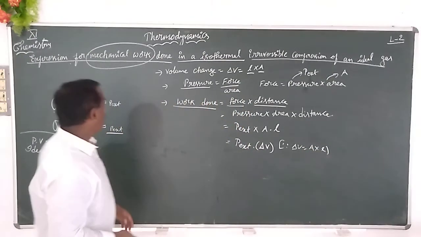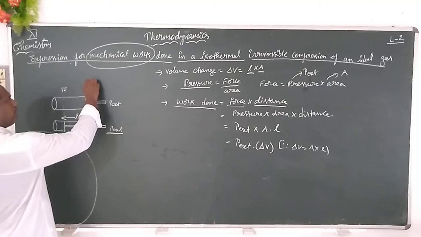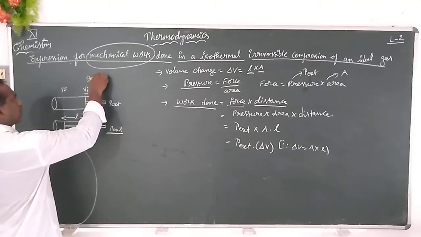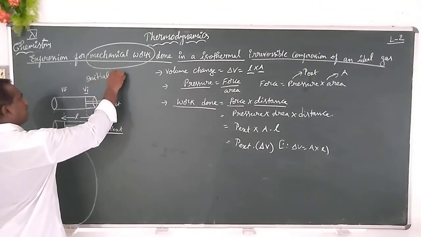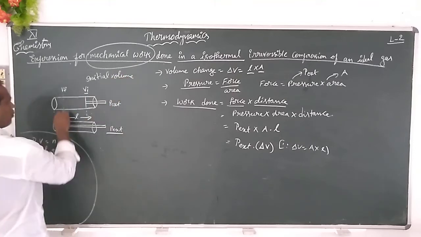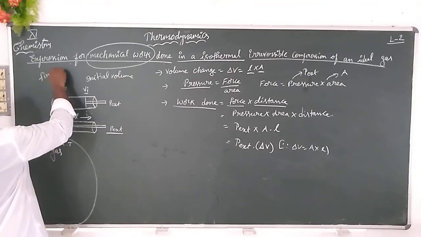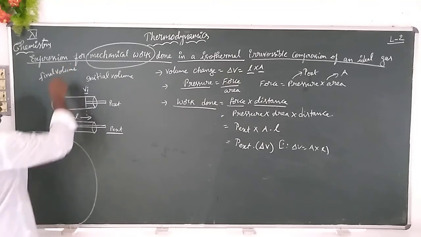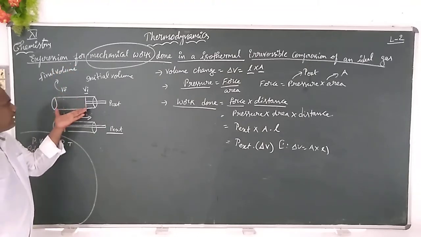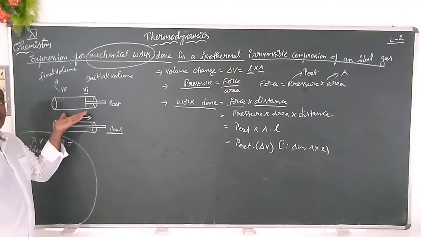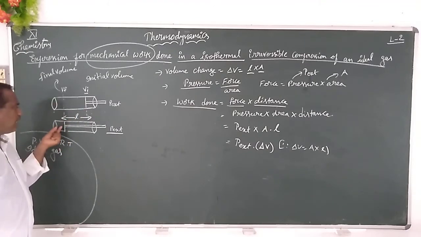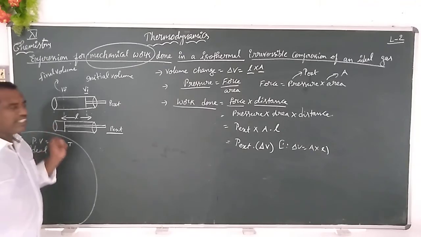But observe, what is Vi? Vi is the initial volume. What is Vf? The final volume of the ideal gas. Here the starting volume of the ideal gas is more in the initial stage, but after compression the volume of the ideal gas is less.